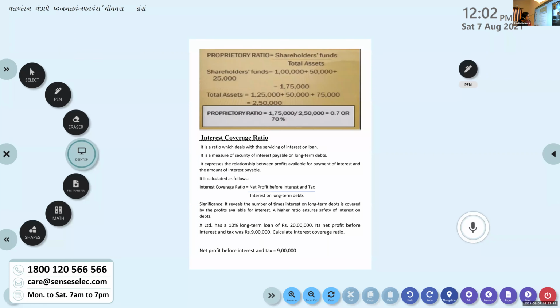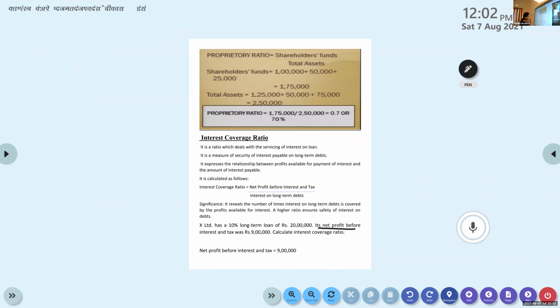Its net profit before interest and tax is directly given, it was 9 lakhs. Calculate the interest coverage ratio. So the numerator, net profit before interest and tax, is directly given to you. And the denominator, interest on long-term debts, we have to calculate.